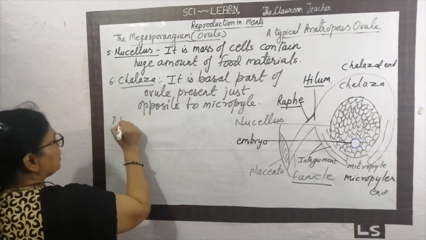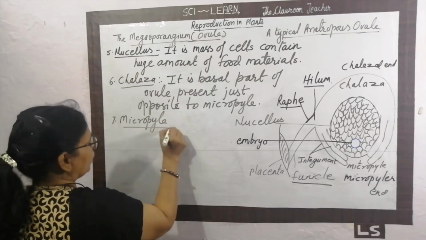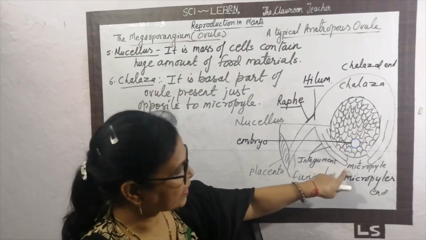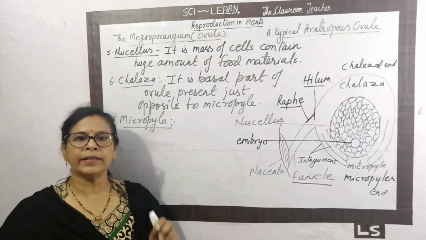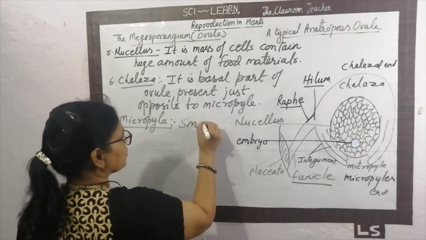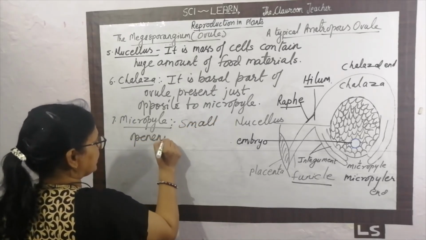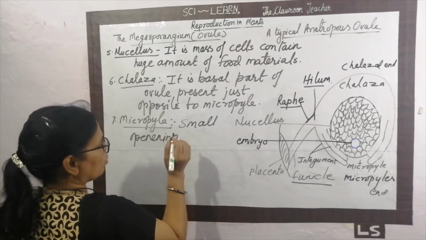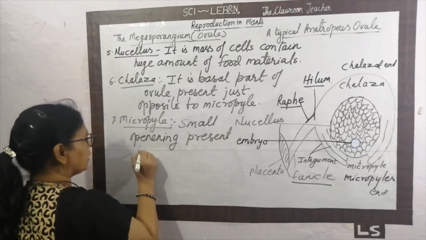And the last part is the micropyle. The last part is present here. This is called the micropylar end. What is the micropyle? It is the small opening present in the ovule. What is the role of this micropyle? We will discuss it later in the next class.